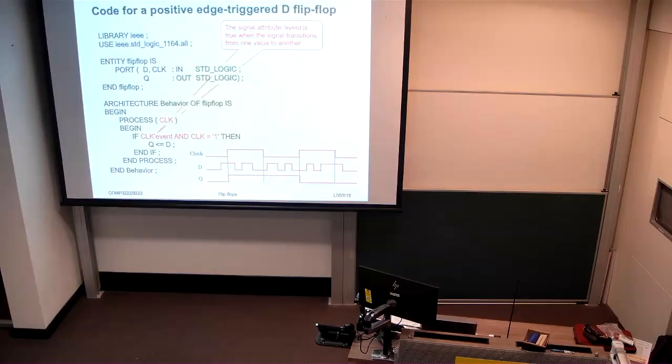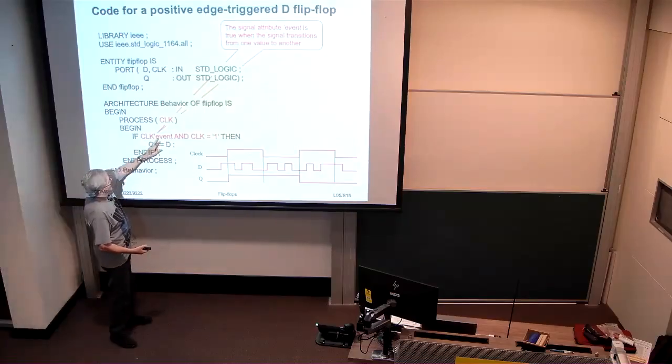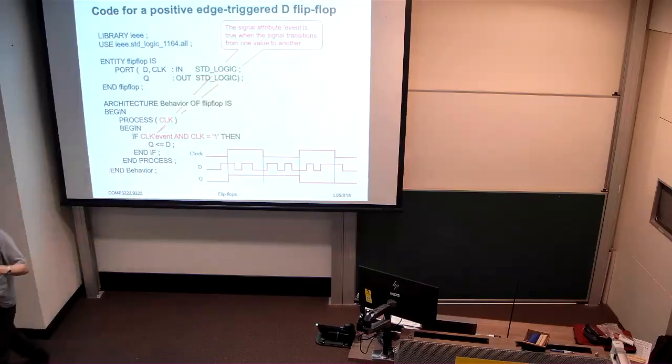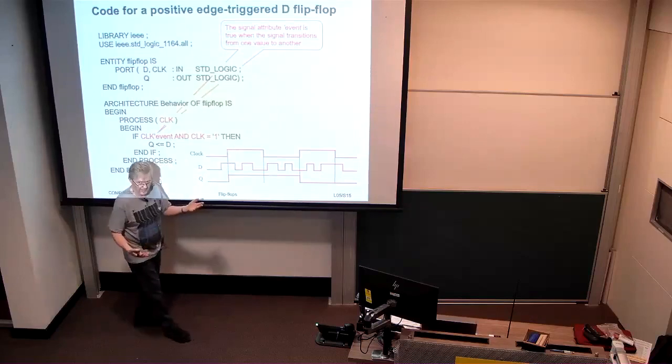So this clock tick event refers to a particular attribute, the tick event attribute on a signal clock, which indicates that there's been some change in value on that signal. Obviously, when there's a rising edge going from 0 to 1, that's an event.